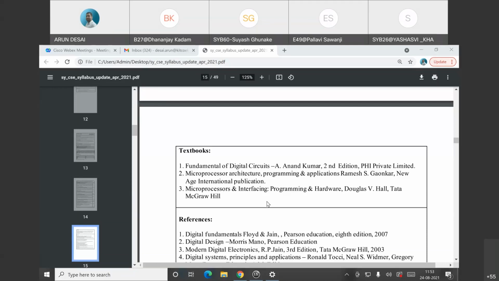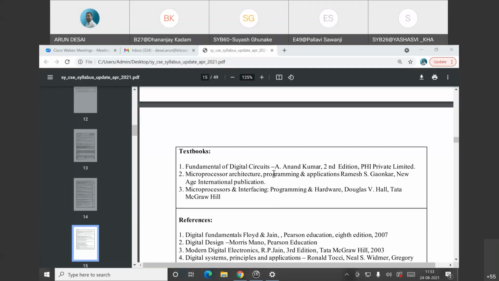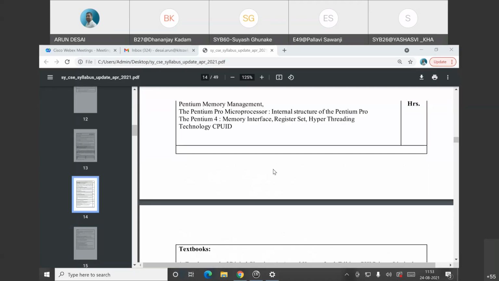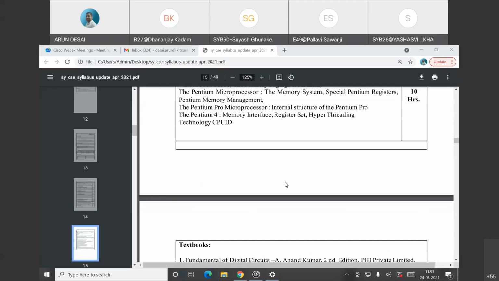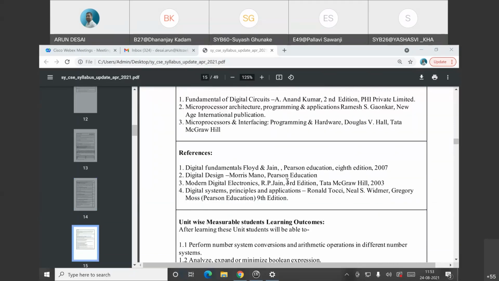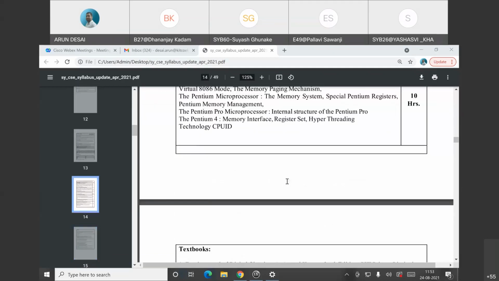And for 8086 and the x86 family, you need to use Intel Microprocessor by Barry Brey, right? You'll get the fifth and sixth unit details in Barry Brey's book. So in total 4 to 5 books you need to use for this subject. So this is about the contents of the subject and the books.